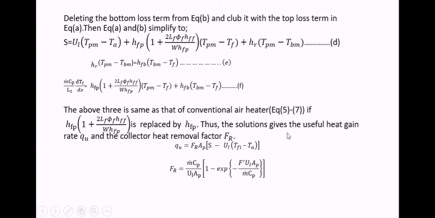Thus, the solution is given by the useful heat gain rate QU equal to FR AP into S minus UL into TFI minus TA, and the collector heat removal factor FR is equal to m dot Cp divided by UL AP into 1 minus exponential of minus F dash UL AP divided by m dot Cp.